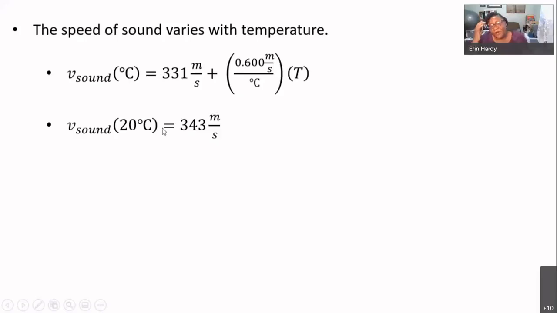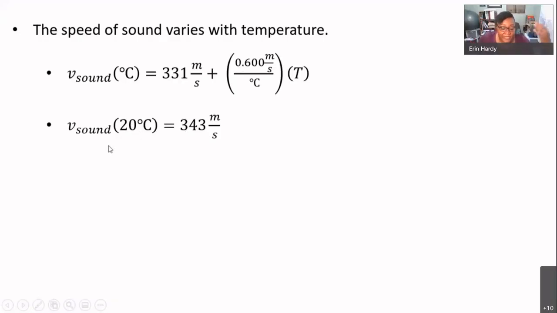And if you are given a question that tells you the air in the scenario is at room temperature, then you know that the speed of sound is going to be 343 meters per second. That's achieved just by plugging 20 degrees Celsius into this expression and solving for it.